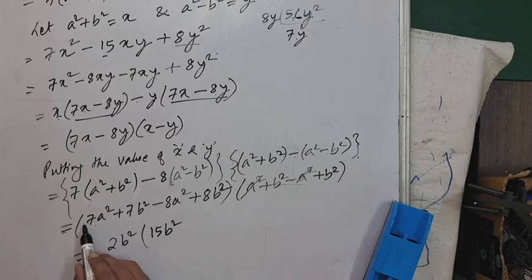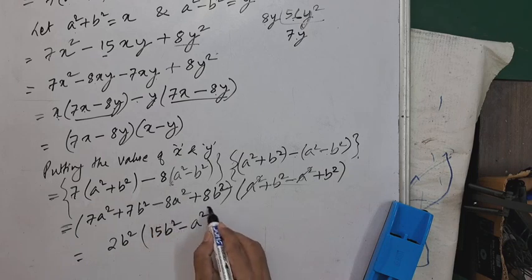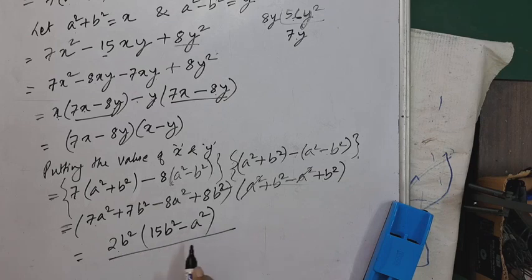And plus 7a square minus 8a square, opposite signs, so 8a square minus 7a square is a square. Sign of the greater number comes, that is minus. So 2b square into 15b square minus a square.